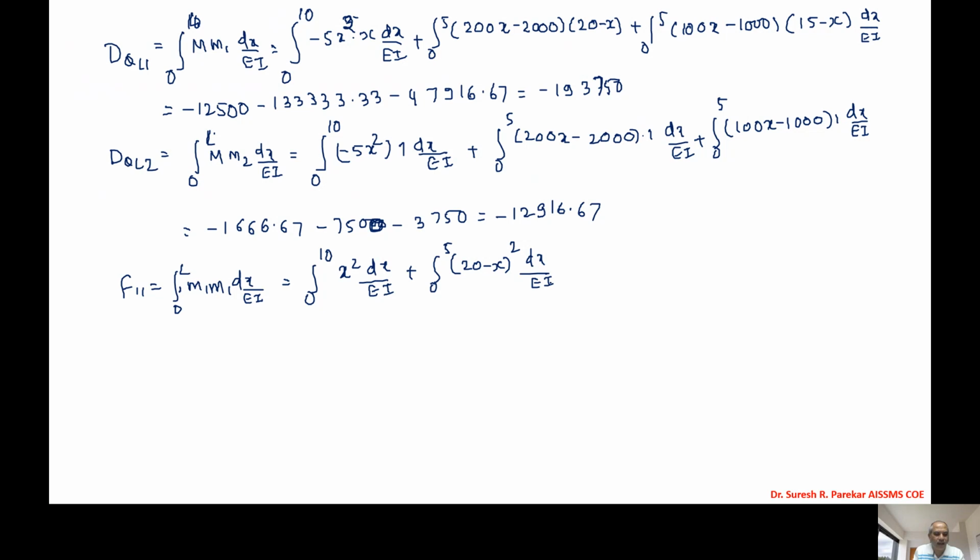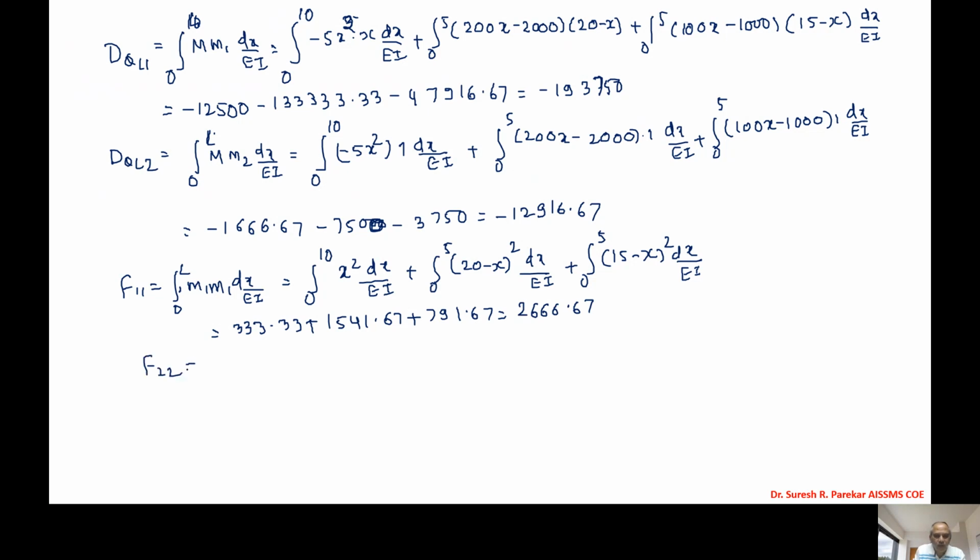And third term we have 15 minus x whole square dx upon EI. And we will get it as equal to 333.33 plus 1541.67 plus 791.67, which is equal to 2666.67.